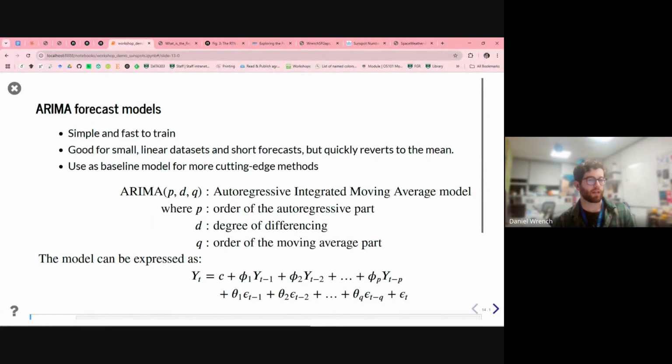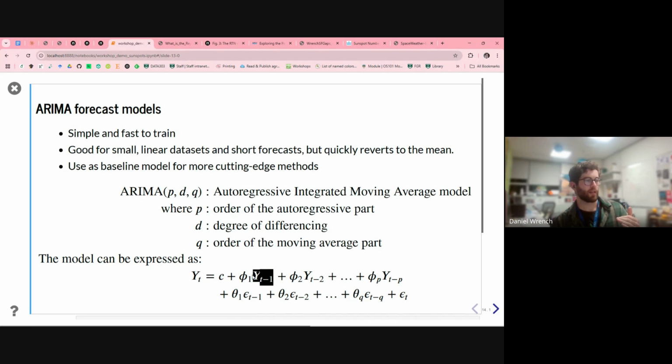Basically, it's a combination of a linear regression on previous terms. Here we've got some constant, and then we predict the current value y at time t as some coefficient times the previous value, plus some other coefficient times the value before that, up to p previous values. So that's simply a linear sum of previous values.